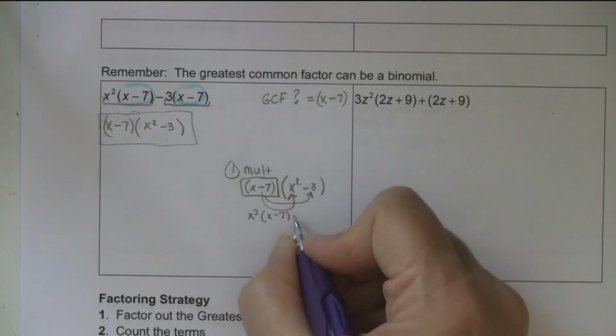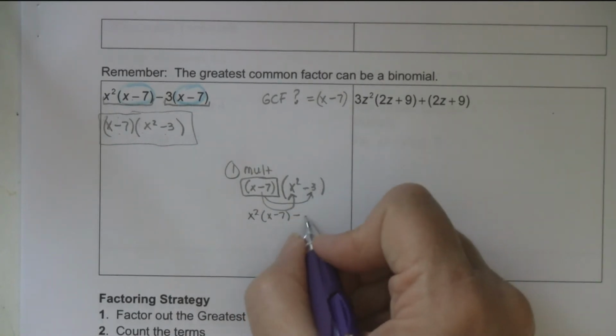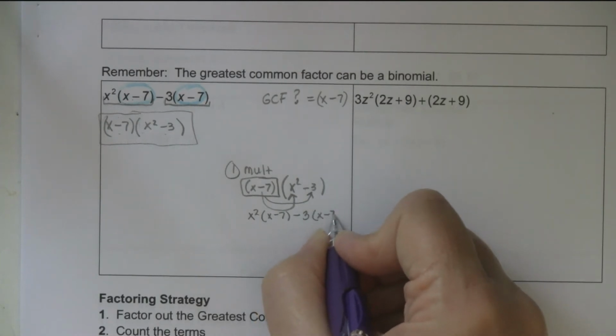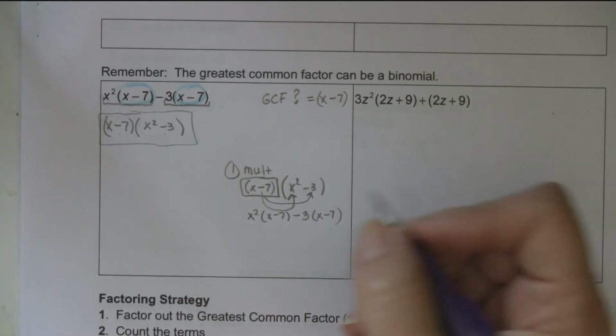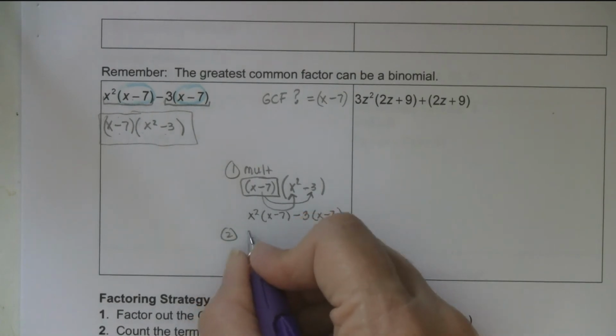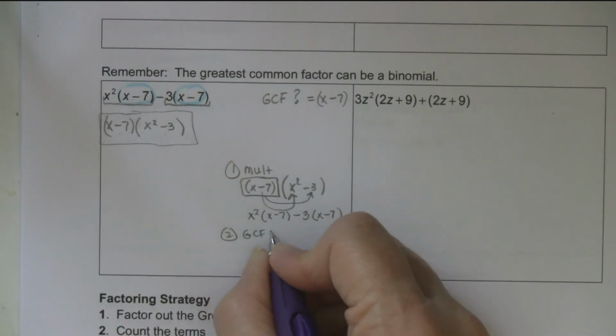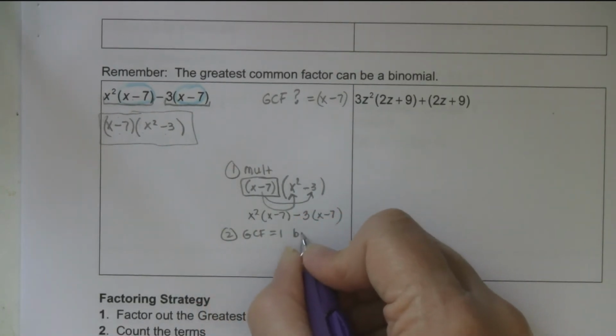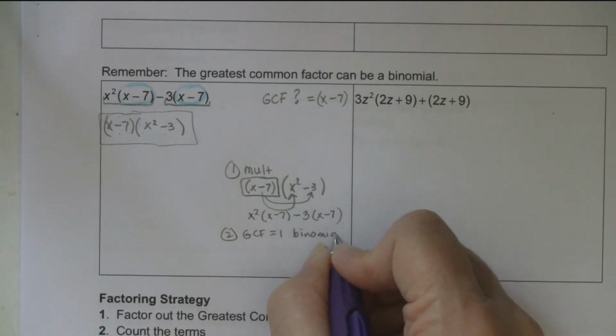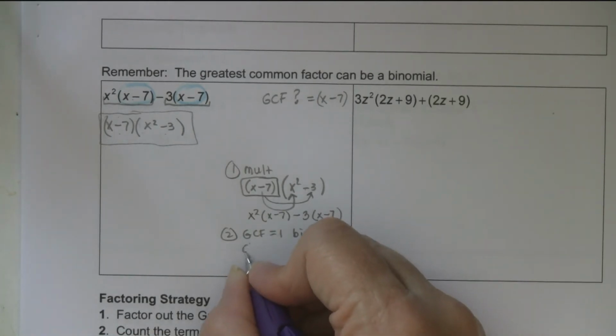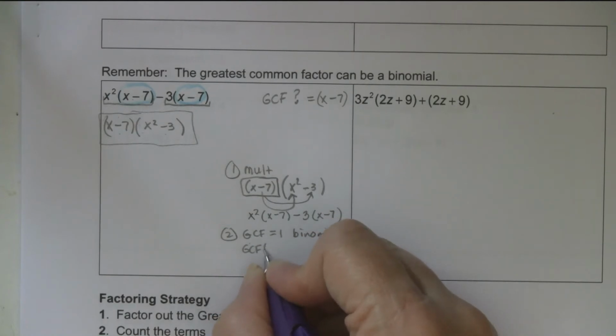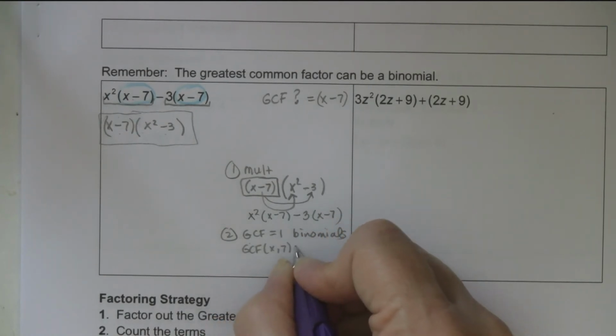A positive times a negative is a negative. Monomial is 3, binomial is x minus 7. And then done, right? Second step was greatest common factor equals 1 for your binomials. And we saw that. The greatest common factor between x and 7 is 1.